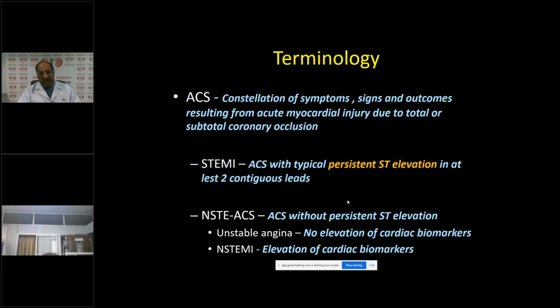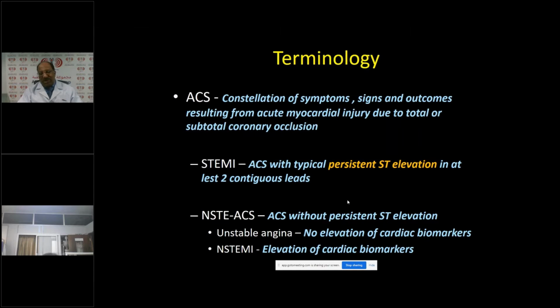Now, the term STEMI, or ST elevation MI, is used when ACS presents with typical persistent ST elevation in at least 2 contiguous leads. Whereas non-STEMI or non-ST elevation is ACS without persistent ST elevation.